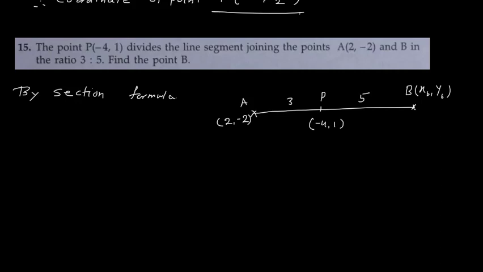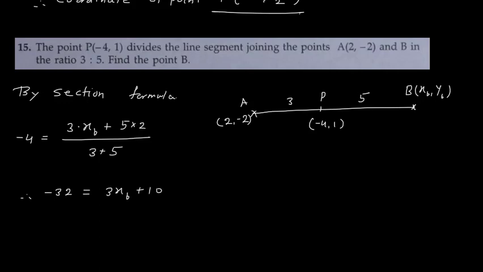This minus 4, which is the x coordinate, is equal to 3 into xb plus 5 into 2, divided by 3 plus 5. So this is minus 4, 5 plus 3 is 8, 8 times minus 4 is minus 32. So minus 32 is equal to 3 times xb plus 5 times 2, which is 10.